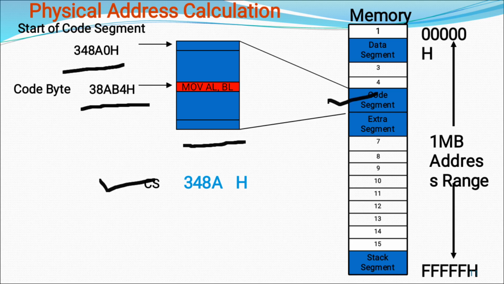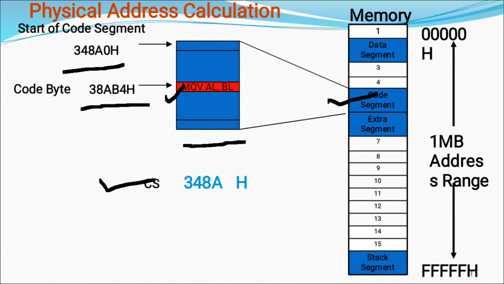Next, our code byte is available at 38AB4. In this memory location 38AB4, we have the instruction MOV AL, BL. So we are supposed to fetch MOV AL, BL.